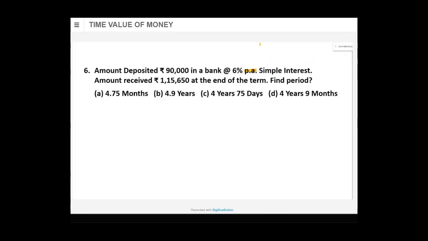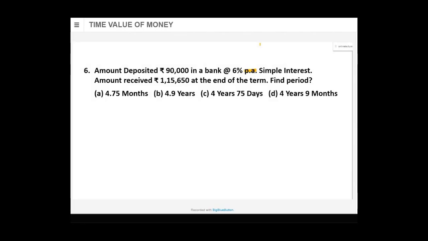Just now answer my question. 1 year is equal to how many months? 12. So 0.75 is in years. Multiply that 0.75 by 12.